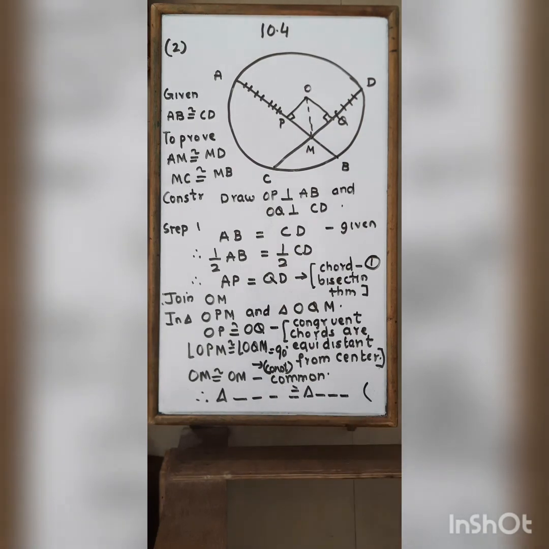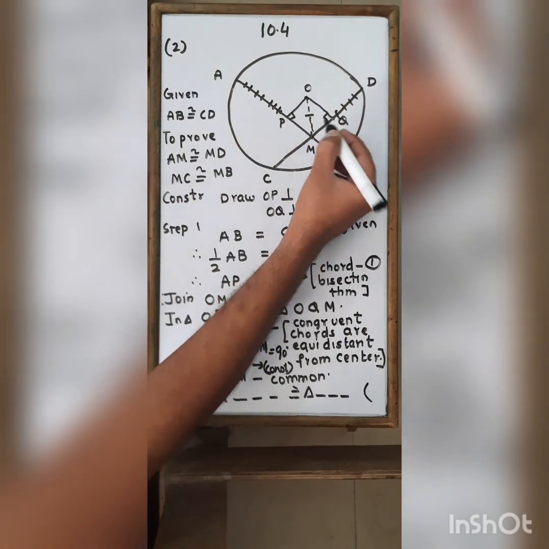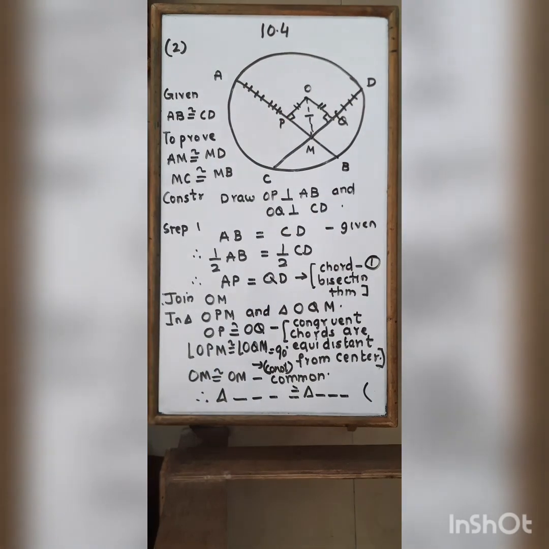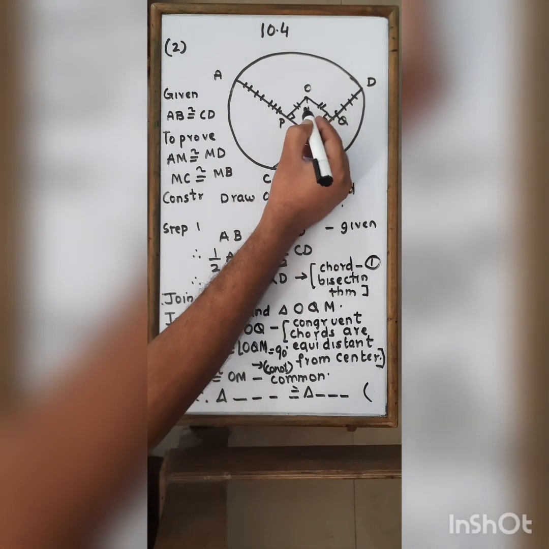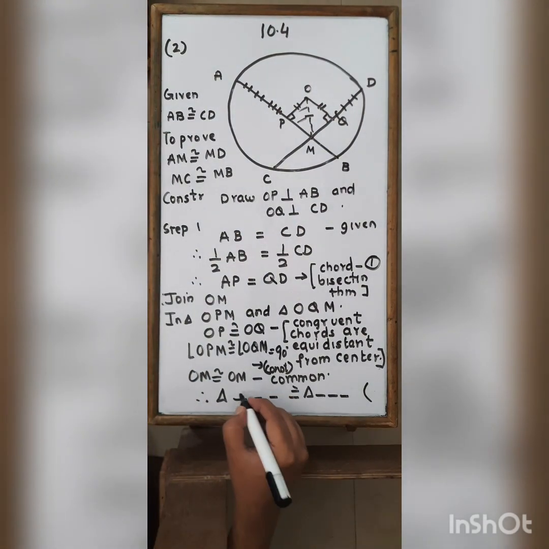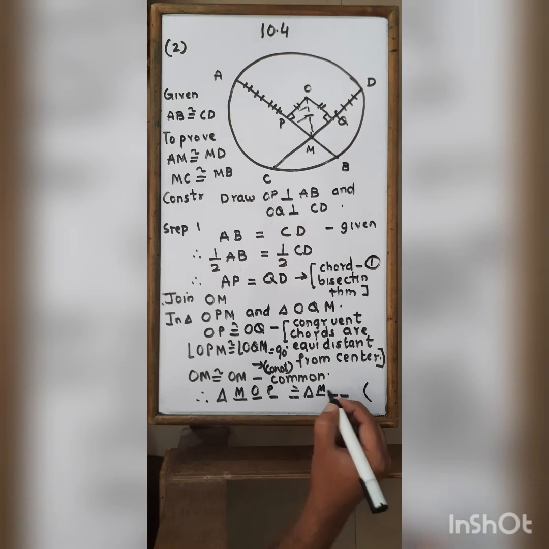See, in triangle OPM, the hypotenuse is equal and one side is equal. So these two triangles become congruent by the RHS test. Triangle MOP will be congruent to triangle MOQ.